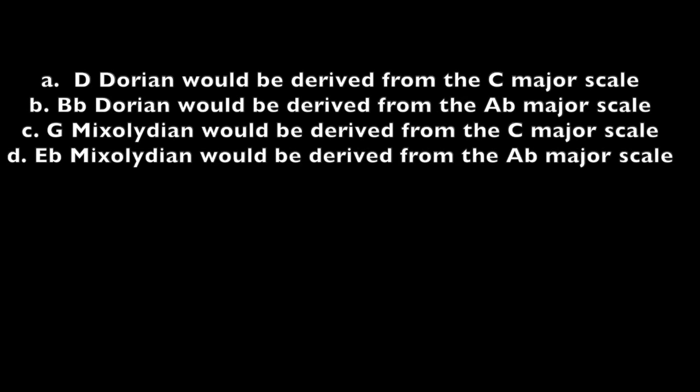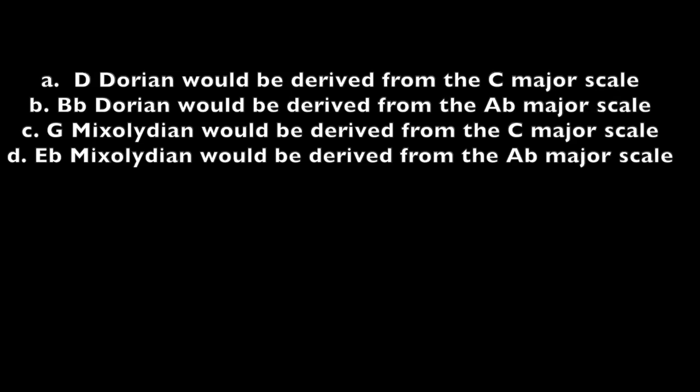For instance, D Dorian would be derived from C major and would be spelled D, E, F, G, A, B, C, D. But if it were the B-flat Dorian scale, then it would be derived from the A-flat major scale and would be spelled B-flat, C, D-flat, E-flat, F, G, A-flat, and B-flat.